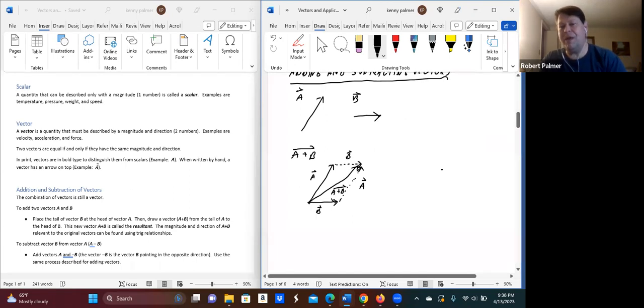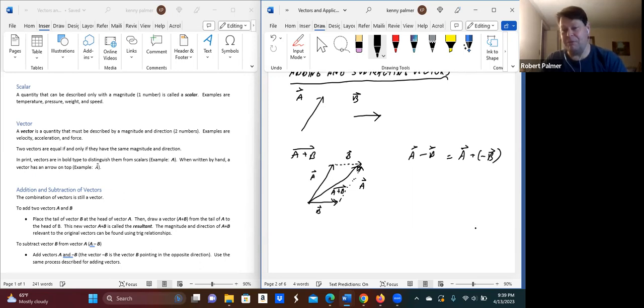Now, what if we had A minus B? Well, it turns out, just like regular math, that's the same as vector A plus a negative B. Let's make a bigger picture. I should have made this bigger to begin with.